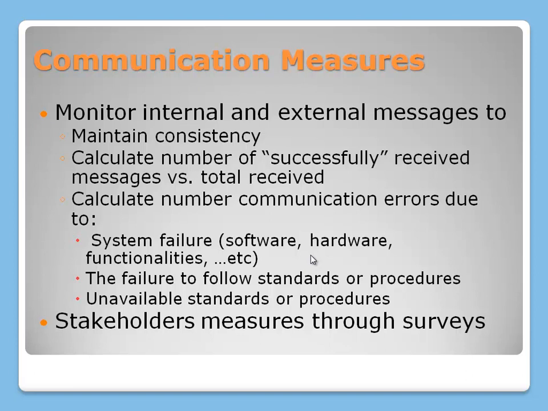We need to monitor the internal and external messages to make sure of consistency, and we can calculate the number of successfully received messages versus total received to make sure that I don't have a failing system that cannot receive or cannot communicate properly. And then we can calculate the number of communication errors due to system failure, such as software, hardware, functionalities, and the failure to follow standards or procedures, or the unavailable standards or procedures.